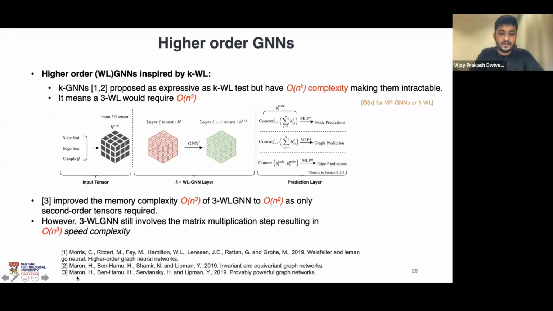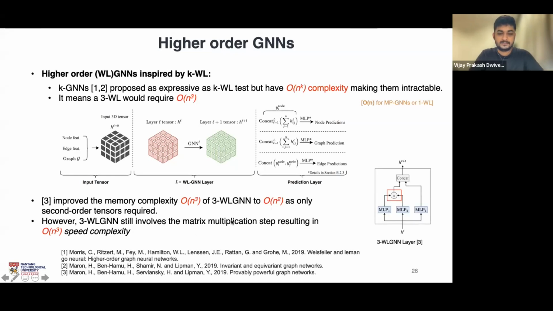In the work by Maron and his collaborators, they improved the complexity from cubic to quadratic for a model that is as powerful as 3WL. So now they have 3WL equivalence without having an n cube representation. This is an improvement, as only second order tensors are required.